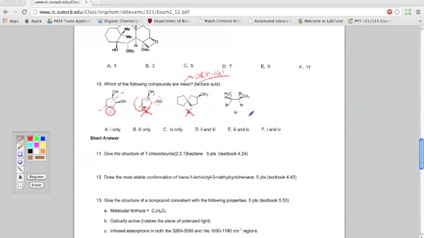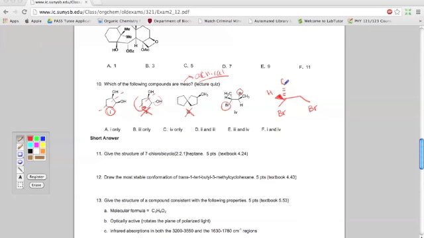Now this is where it gets a little bit tricky, where you are going to want to have your groups on the same side. So I'm going to want to put these Brs on the same side, as in I'm going to want to put them both in the planar position. You could choose whichever you want to put in the planar position.